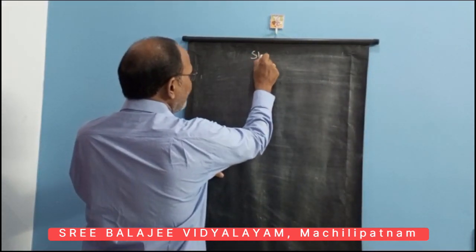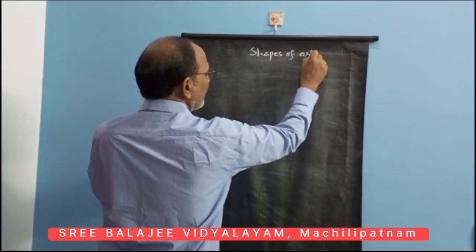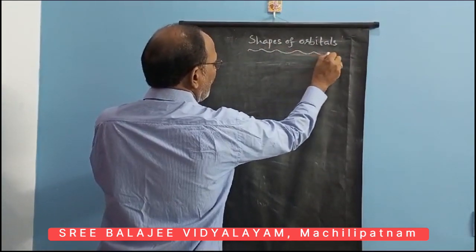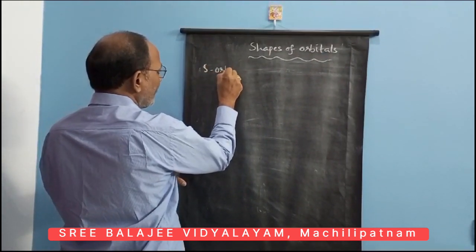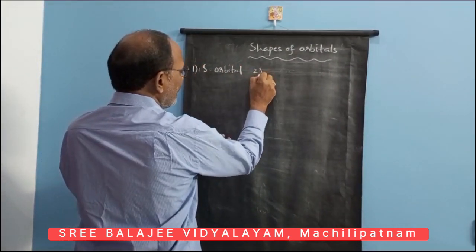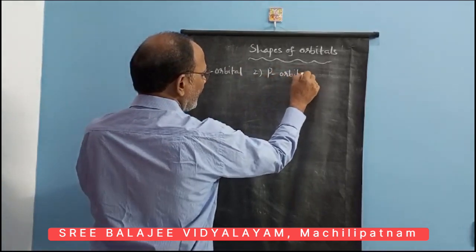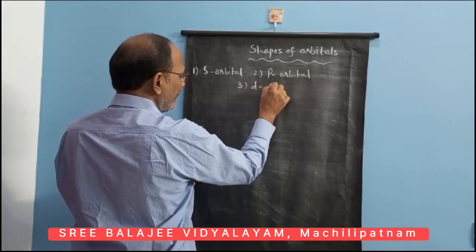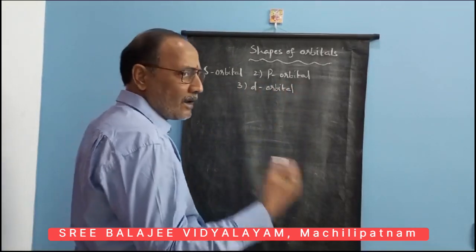Here are the shapes of orbitals we want to learn. One is the s orbital, second one is the p orbital, third one is the d orbital, f orbital, and so on.